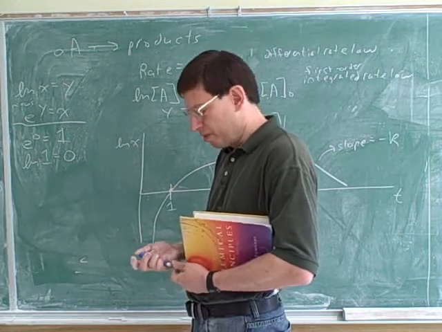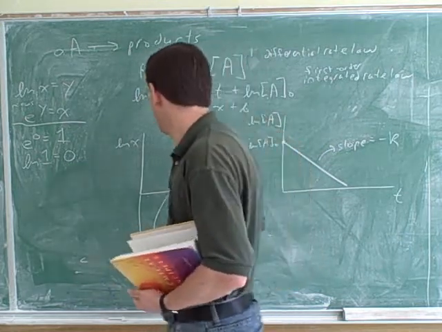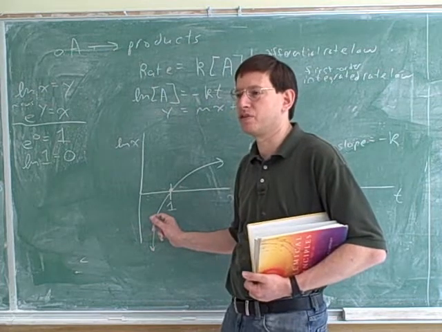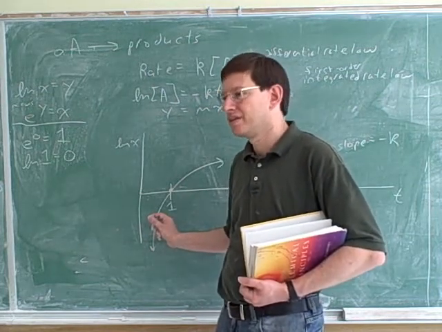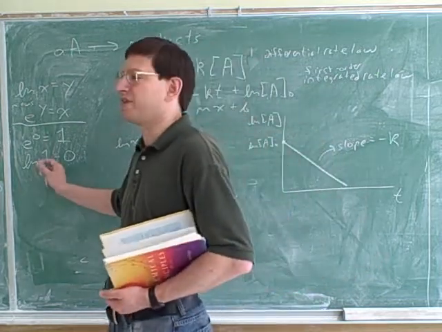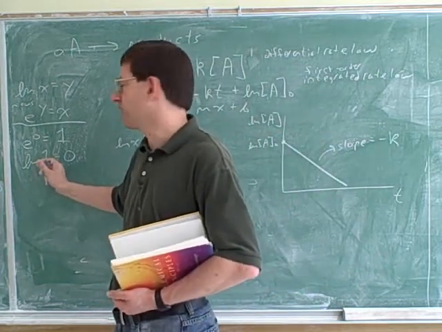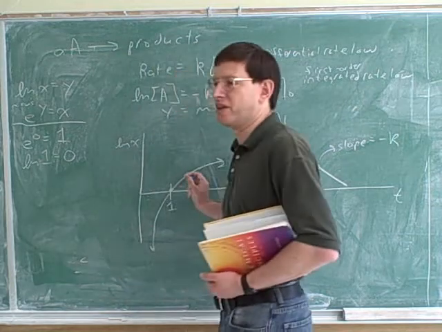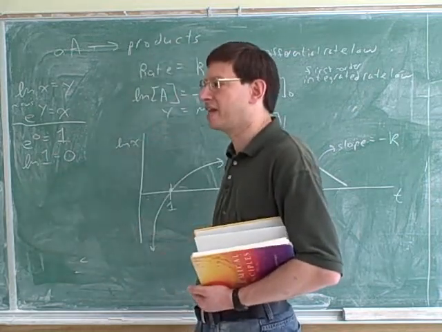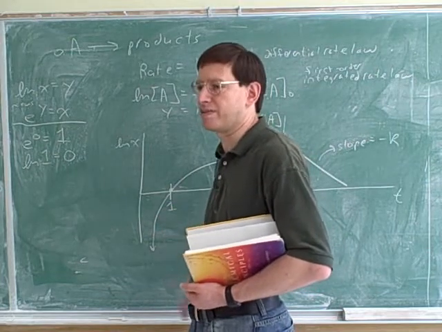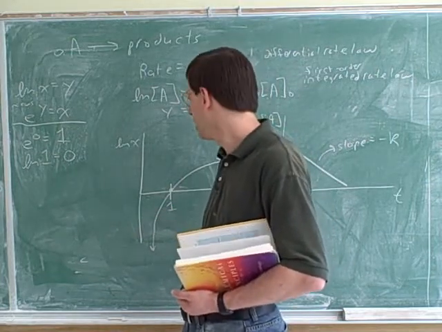That's kind of intuitive. But if the log of 1 is 0, then the log of a fraction has to be negative. So this is useful to know about logarithms. The logs of fractions are negative because 1 is the dividing line. If you take the log of something bigger than 1, you would have a positive log. So if you take the log of something smaller than 1, you'd have a negative log. So negative logs are not mysterious, they're just the logs of fractions, fractions that are between 0 and 1.